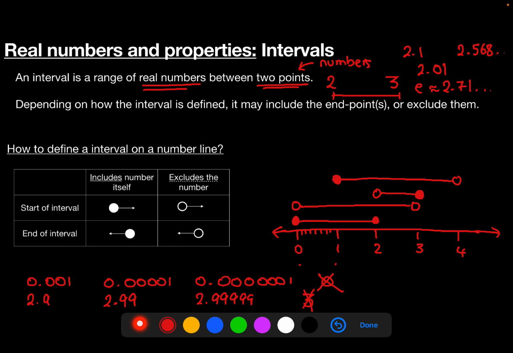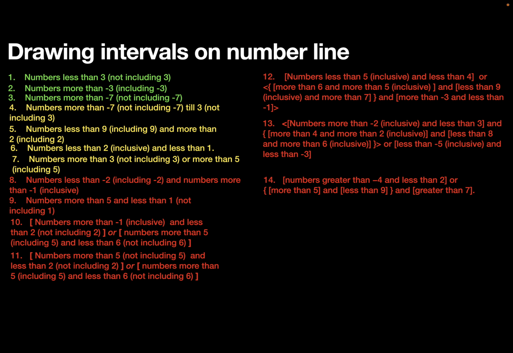And if you're trying to represent intervals on a number line, this is basically how you do it. You draw a circle indicating the starting and the ending points, and you shade them in depending on whether those numbers are included or not, and you connect the two numbers together with a straight line.